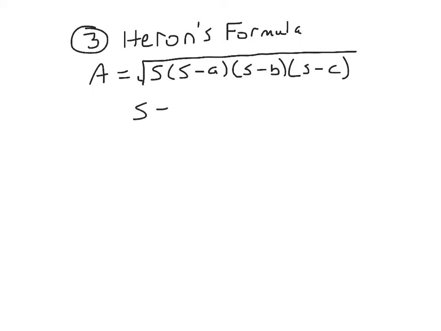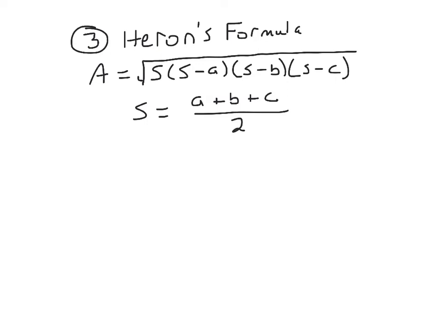Well, S is the sum of all 3 of your sides, the perimeter of the triangle basically, divided by 2. So that's another formula that I can use to find the area of a triangle. I would use that if I'm given all 3 sides.